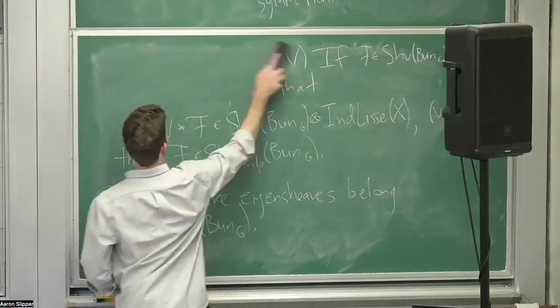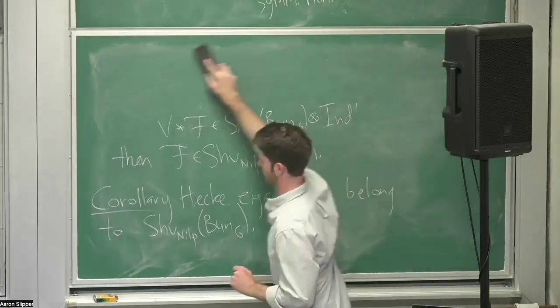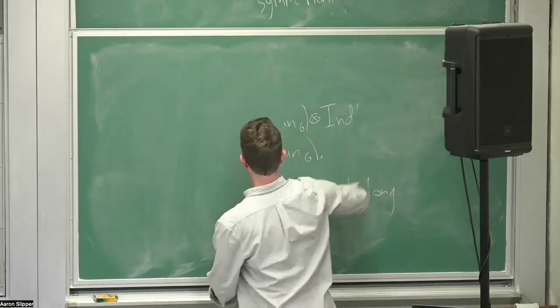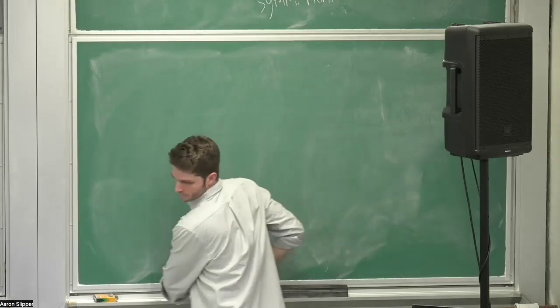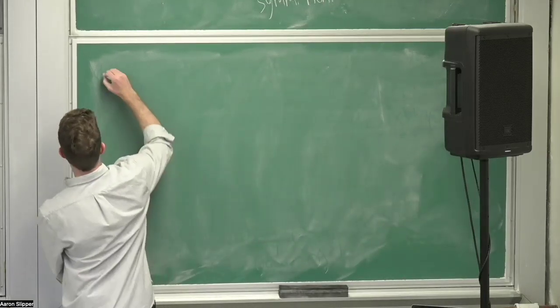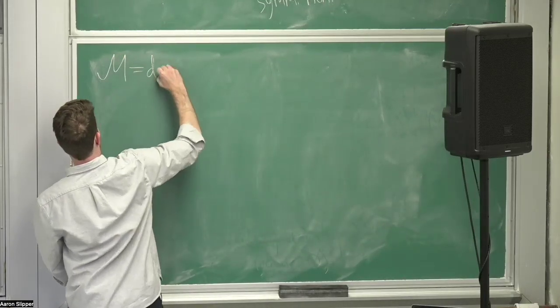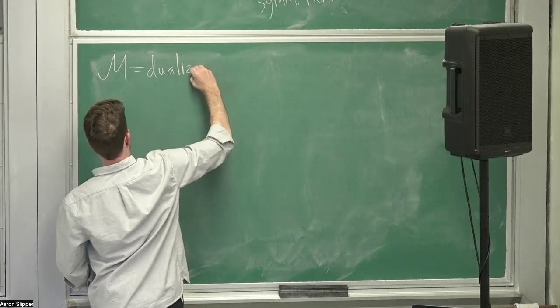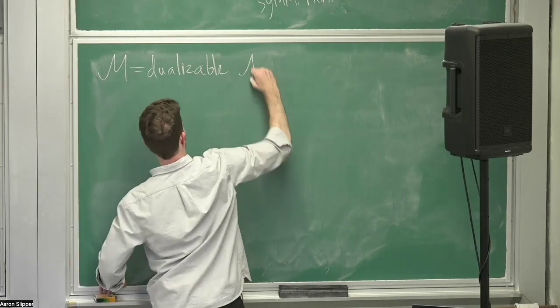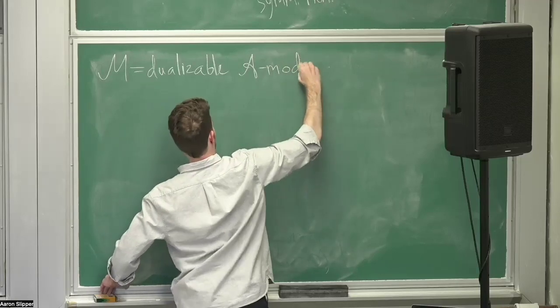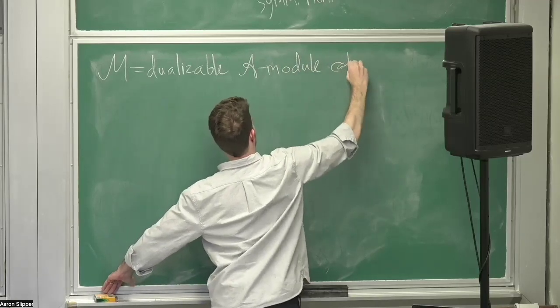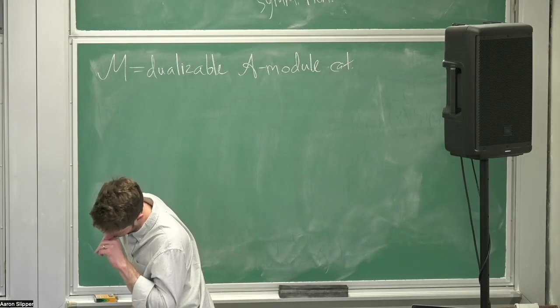Trace appears. So now let's say M is a module category that's dualizable as such. This is an additional input.